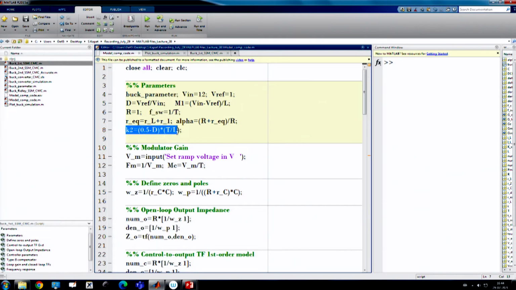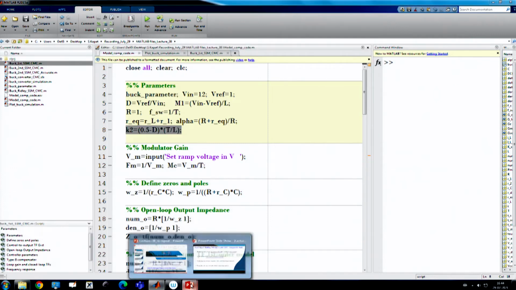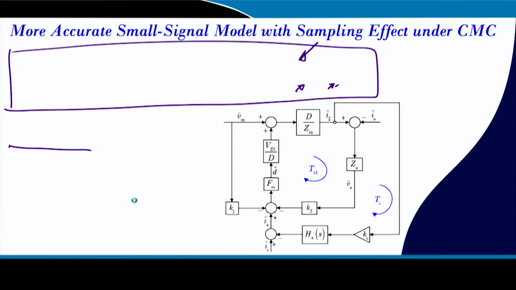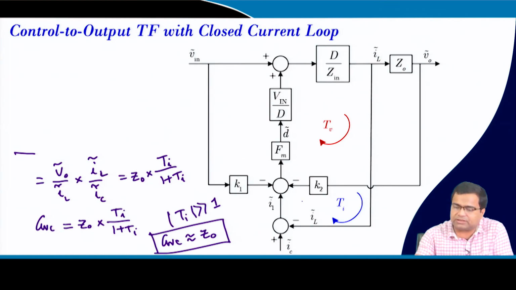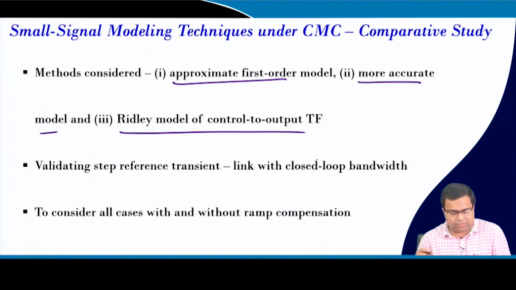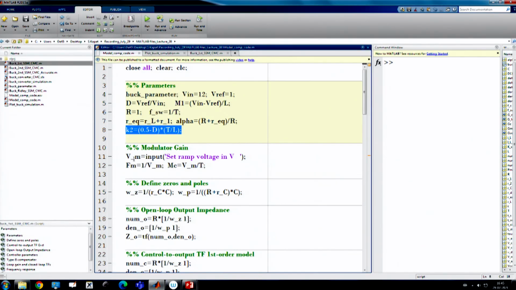And K2 I talked about, K2 corresponds to the V0 feedback loop, if you go back to this transfer function. So K2 is this particular term, okay. Now Vm is the amplitude of the ramp, that means it varies from 0 to Vm maximum voltage, and the modulator gain is simply 1 by Vm, okay.